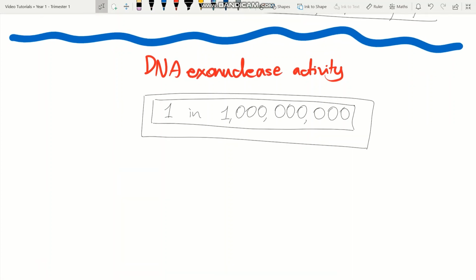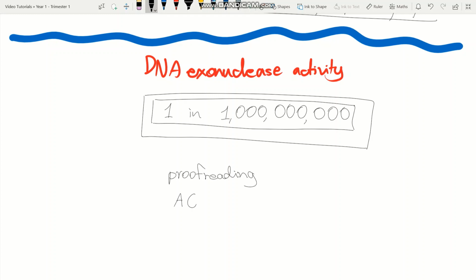So what DNA exonuclease activity does is it basically allows for the proofreading of the DNA strand. So imagine it in the way you're writing a book. Essentially, the DNA exonuclease activity will be the publisher of that publishing company or any particular person that is involved in the checking of that book, ensuring that you have no spelling mistakes, as essentially it's the same thing.